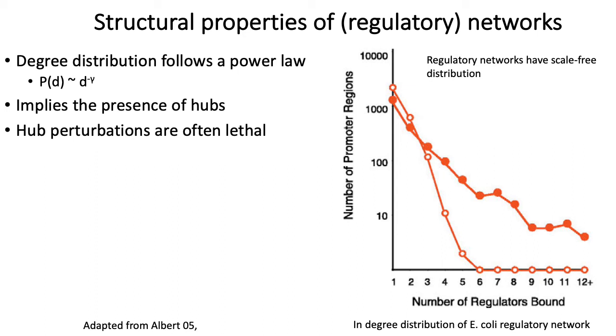And so if you knock it out, for example, then it's probably lethal. And so again, it's interesting that this idea of scale-free networks is pretty prevalent, and it turns out that most of the networks that we talk about here, protein-protein, genetic interaction, regulatory, all of them generally seem to exhibit scale-free behaviors, regardless of which organism or cell type you're looking at.